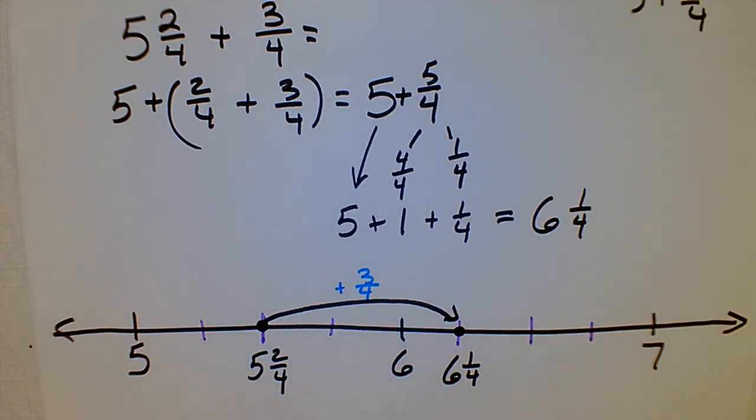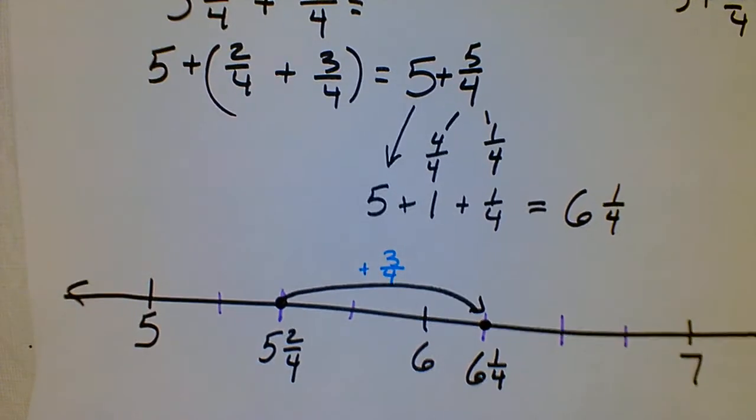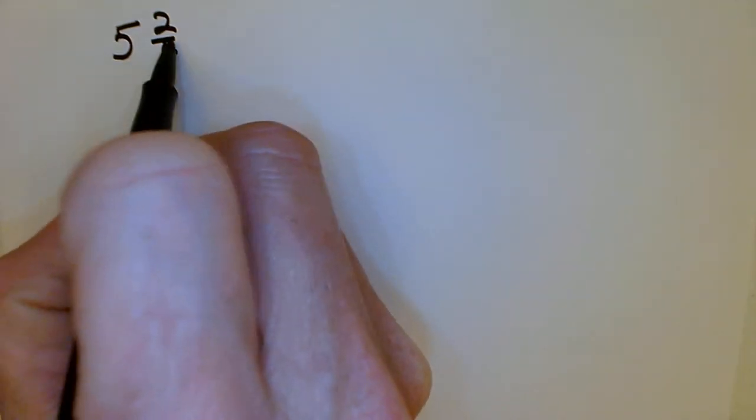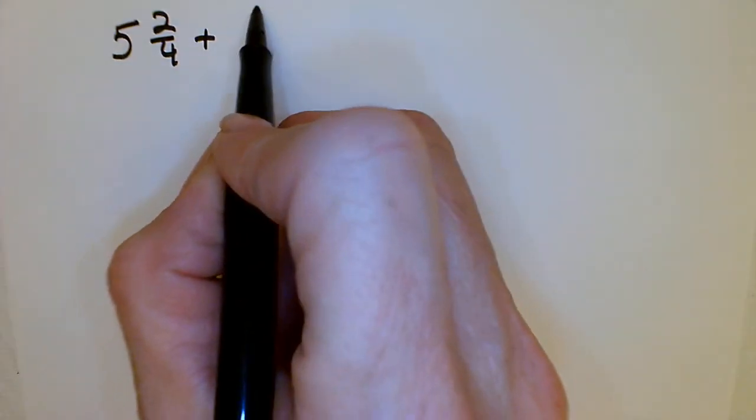All right, let's do this. I want to actually show you the same problem in a slightly different way. And again, if you're feeling pretty solid, I'm going to tell you that this is how you're going to do your work. But I want to show you one other mathematical way that we could have done this, which is that we could have started with our 5 and 2 fourths and added on our 3 fourths.